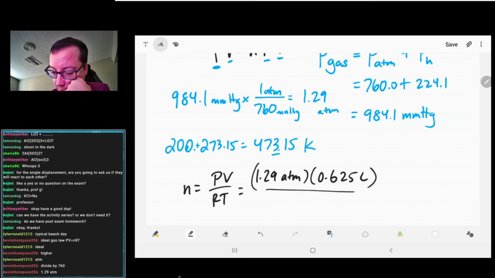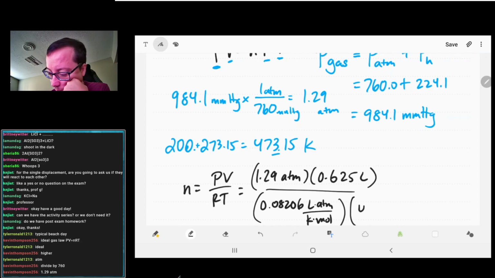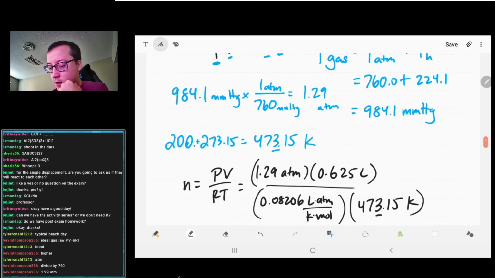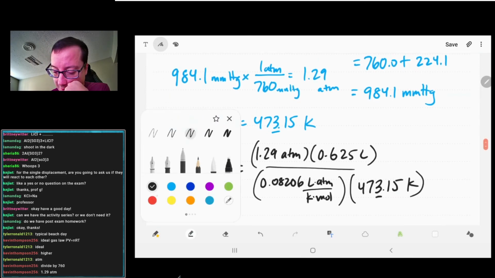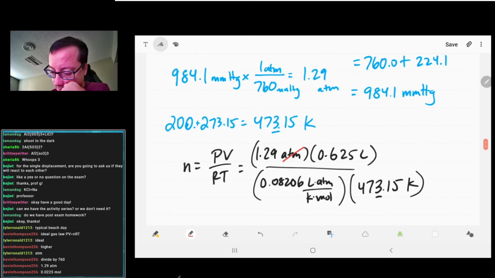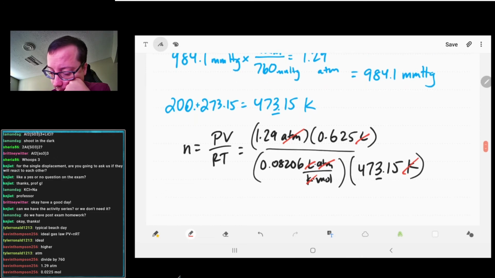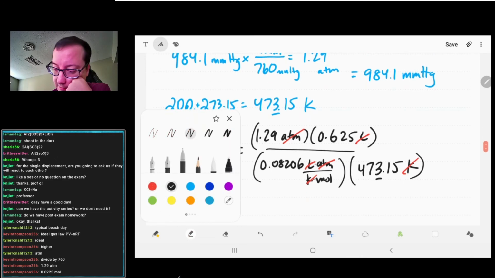We had our volume that was given to us, R, and then of course our temperature. So let's just make sure we get moles out. Always double check. Liters cancel, Kelvins cancel. Yeah, we're left with moles. Thank you, Kevin. Wow, that's really not that much. Oh, I guess it's a pretty high temperature, huh?